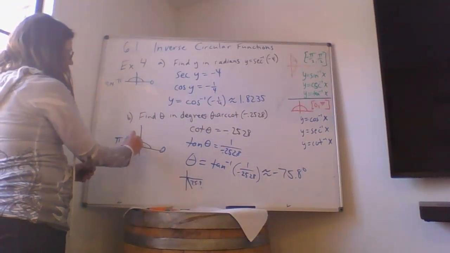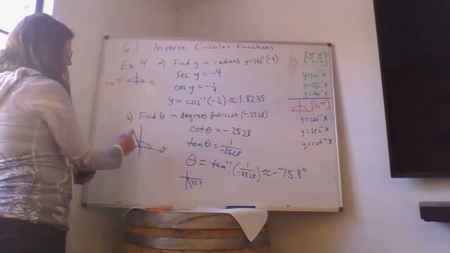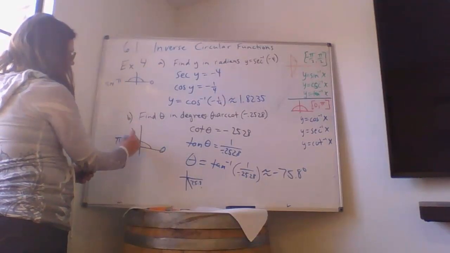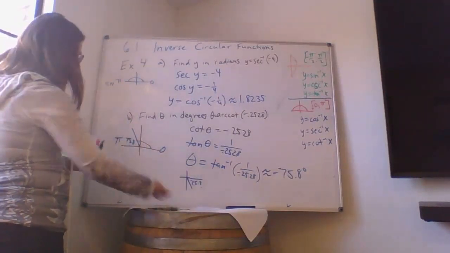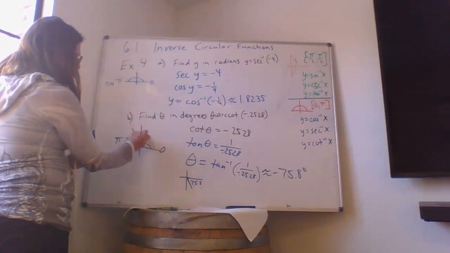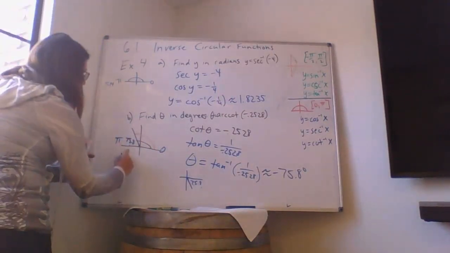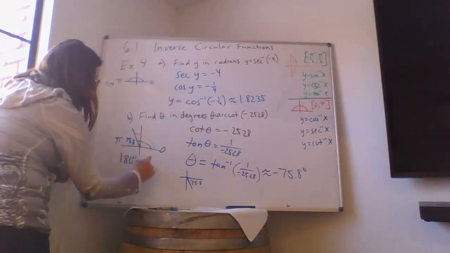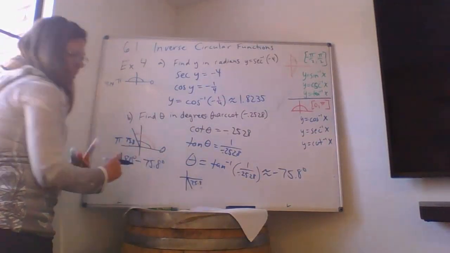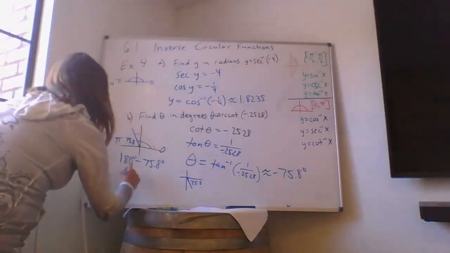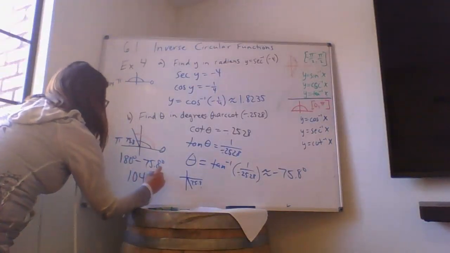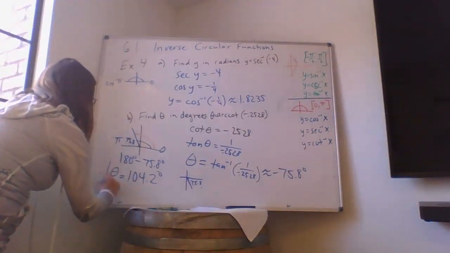And so therefore, my reference angle is still going to be 75.8. So to find this angle right here, from 0 all the way to this right here, we're going to need to take 180 degrees and subtract off that 75.8 degrees. So our final answer is 104.2 degrees, and that is the theta.